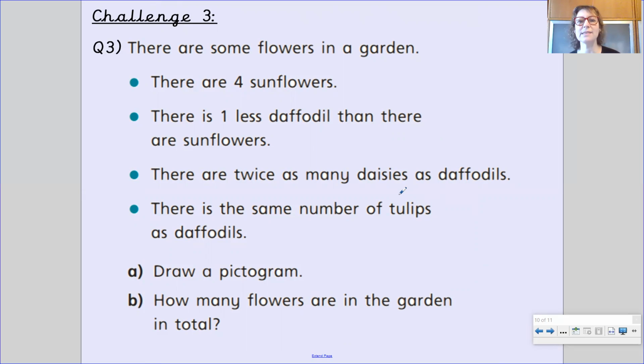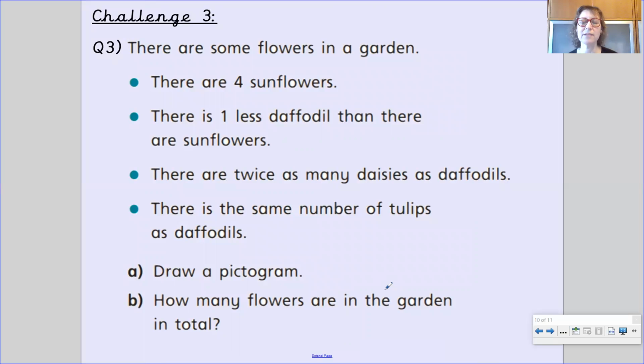There are twice as many daisies as daffodils. So when you've worked out how many daffodils, there's twice as many daisies. So that's double. There's the same number of tulips as daffodils. So when you've worked out your daffodils, you can know how many tulips there are as well. And you have got to draw a pictogram.